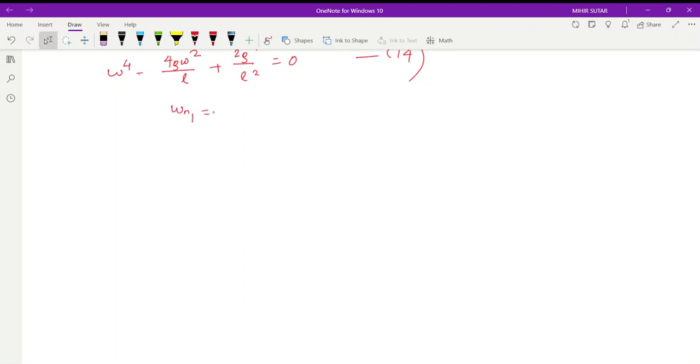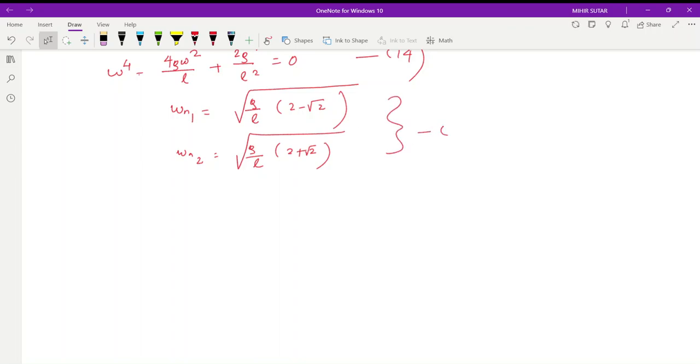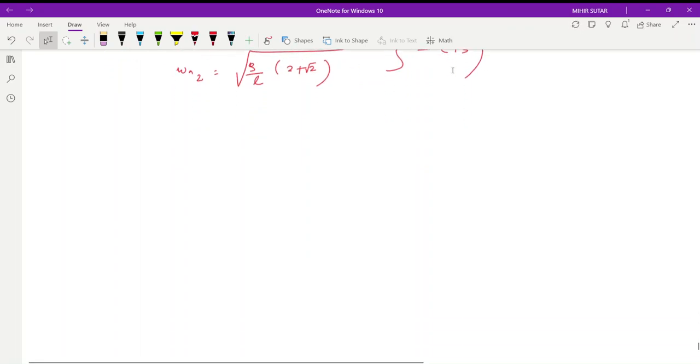Omega n1 will be root over (g by L (2 minus root 2)), and omega n2 will be root over (g by L (2 plus root 2)). Yeah, two sets of natural frequency we will have. Let's say this is equation 15.